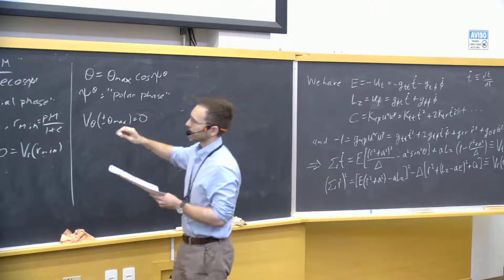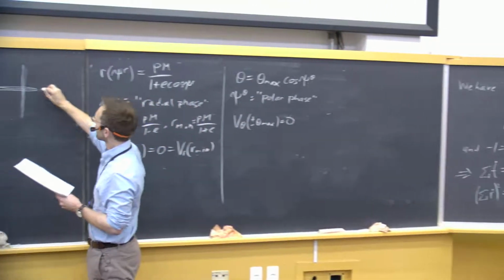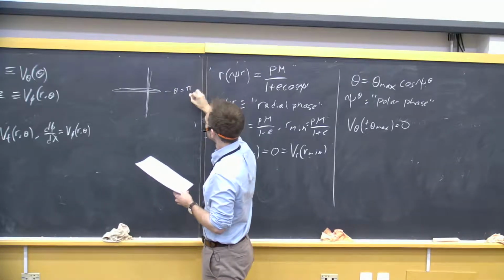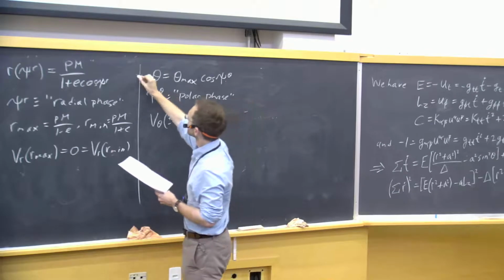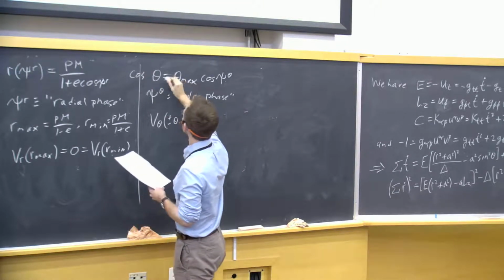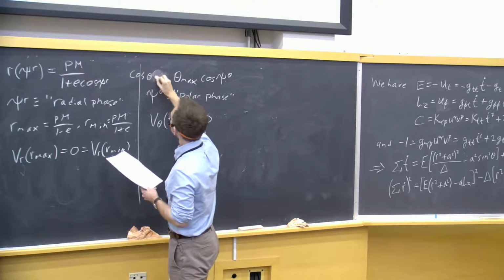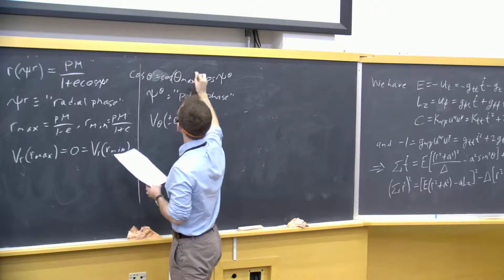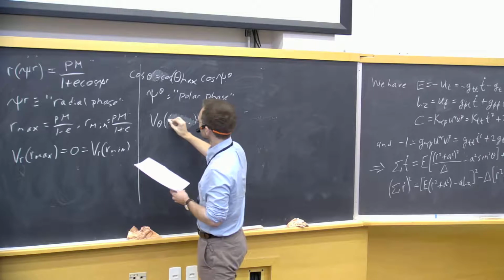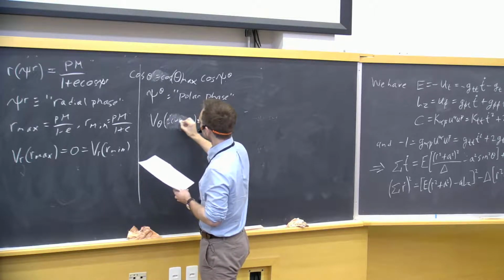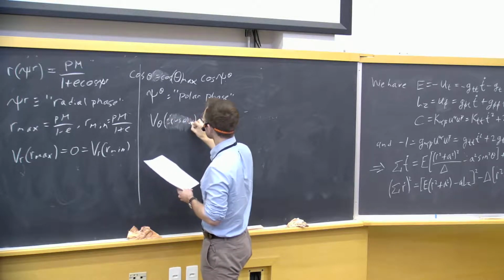That's a little bit messed up. So if this is pi over 2, then what we should have is cos theta max, and this is plus or minus cos theta max.